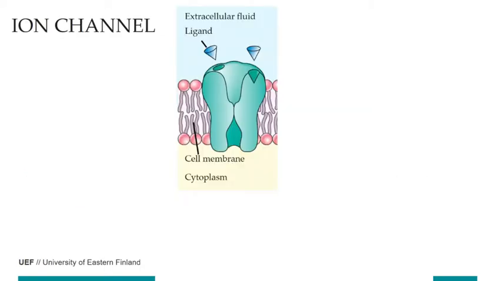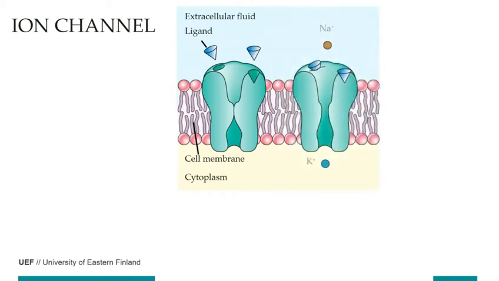And in the case of ion channels, well, they are ligand-sensitive ion channels. So when the ligand is touching the receptor, there is a pore that opens, and then depending on the selectivity of the ion channel, they either permit only one type of ion, or in this case, they can permit practically everything.